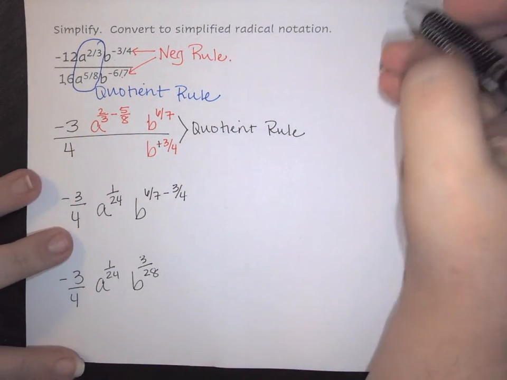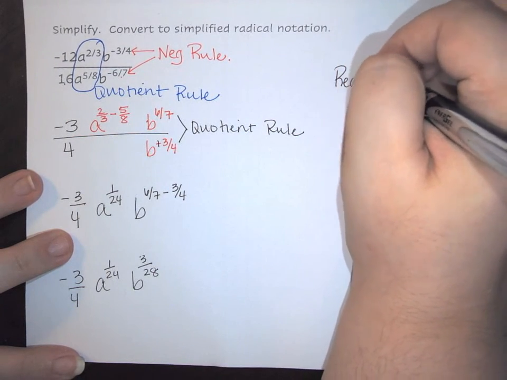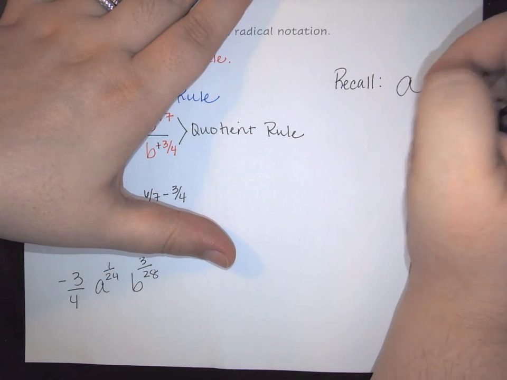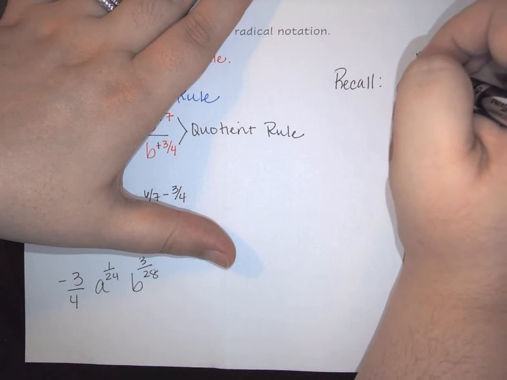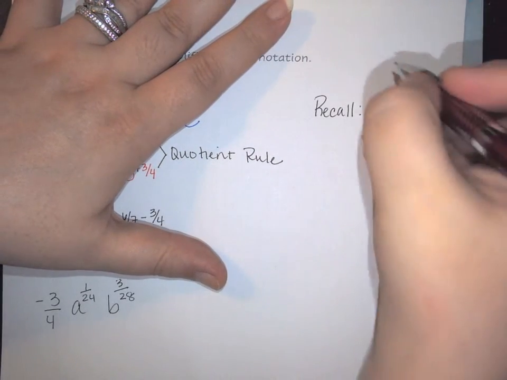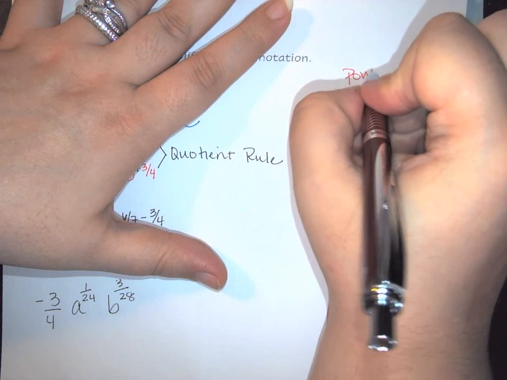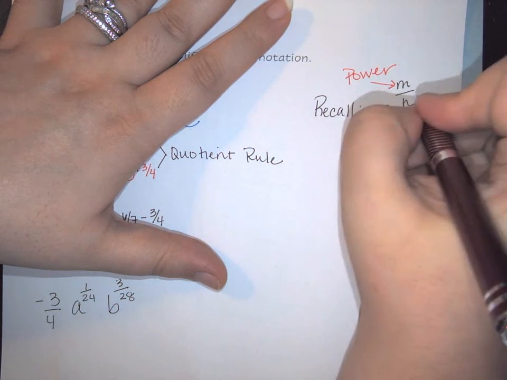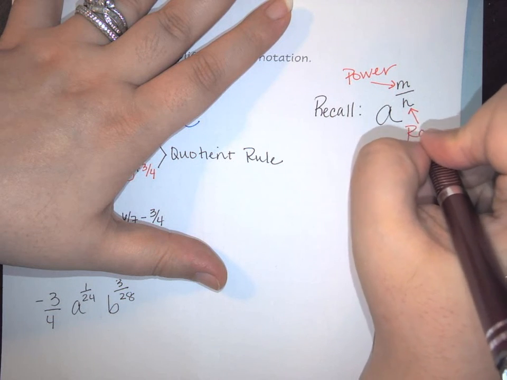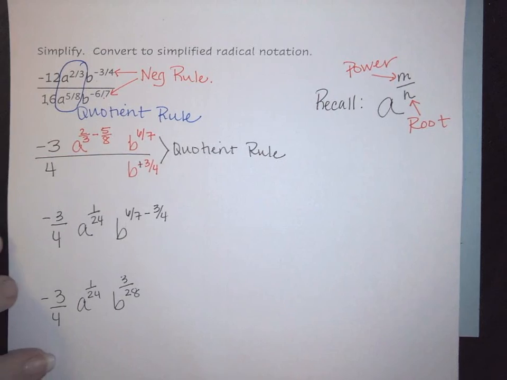Now again, we need to recall the rule. The rule says if I have a to the m over n, then this top piece is your power, and the bottom piece, this piece here, is your root, or the power of your radical.